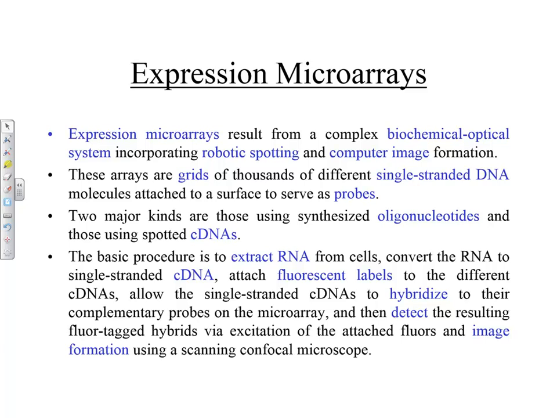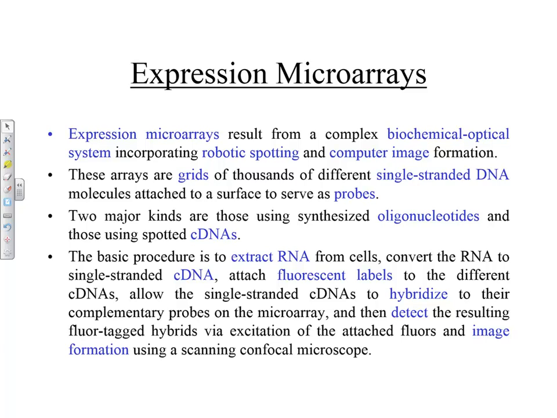All right, so expression microarrays result from a complex biochemical optical system incorporating robotic spotting, because those spots in the microarray preparation, usually a robot will do it. Then again, if there's imprecision with regard to the location of the robot pen, there'll be some errors that could be introduced.